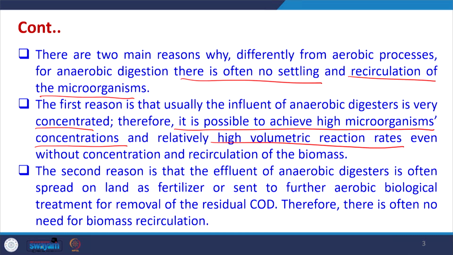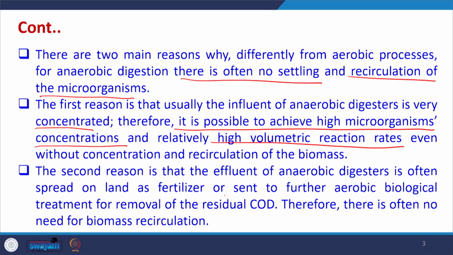The second reason is that the effluent of anaerobic digesters is often spread on land as fertilizer, or sent to further aerobic biological treatment for removal of residual COD. Therefore, there is no need for biomass recirculation. It is possible that the sludge may be used as a fertilizer.